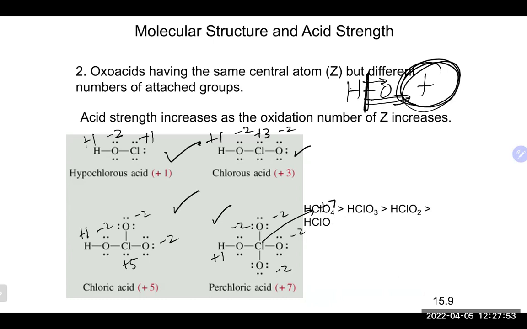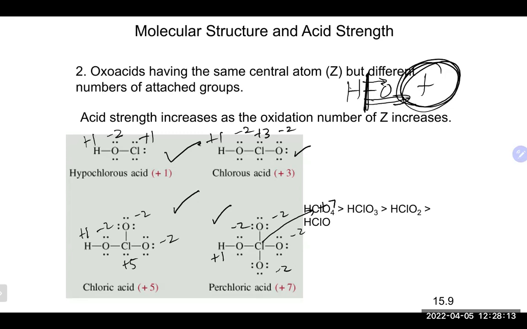So those are really the ways we compare acids. With no oxygen, we look at bond strength or bond enthalpy: the stronger the bond, the weaker the acid. If the acid involves oxygen and we have the same oxidation number in the center, we look at electronegativity to help us decide. The higher the electronegativity, the stronger the acid.